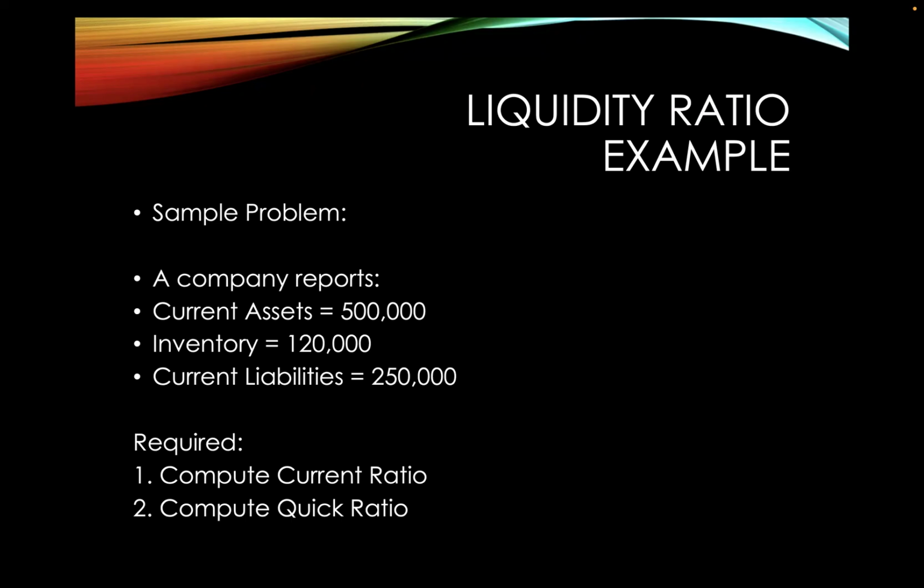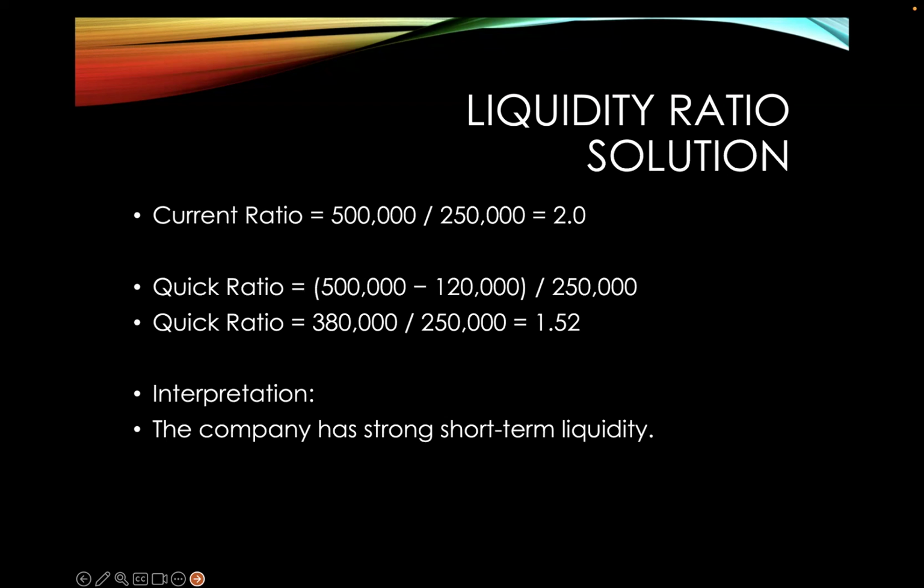Then for your current liabilities, you can have accounts payable, accrued expenses, accrued payroll. Okay? So let's have requirement 1 and 2. Let's compute for current ratio and quick ratio.